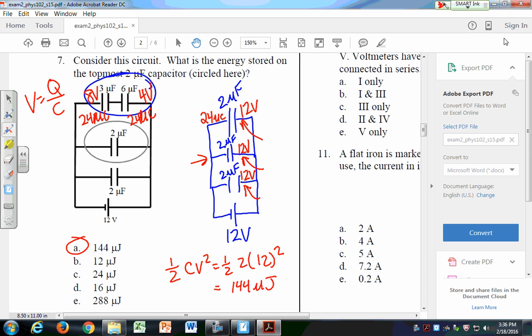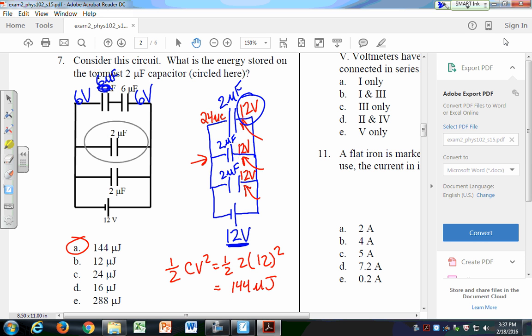Now what if instead of 3 and 6, what if instead we had 6 and 6? What would be the voltages across those two capacitors? That's right. I would have 6 volts and 6 volts. Because they have this 12 volts across them here, they're going to split it because they're identical.